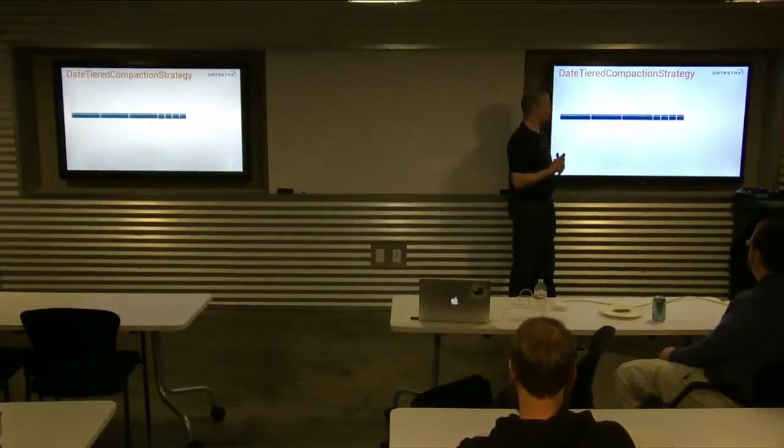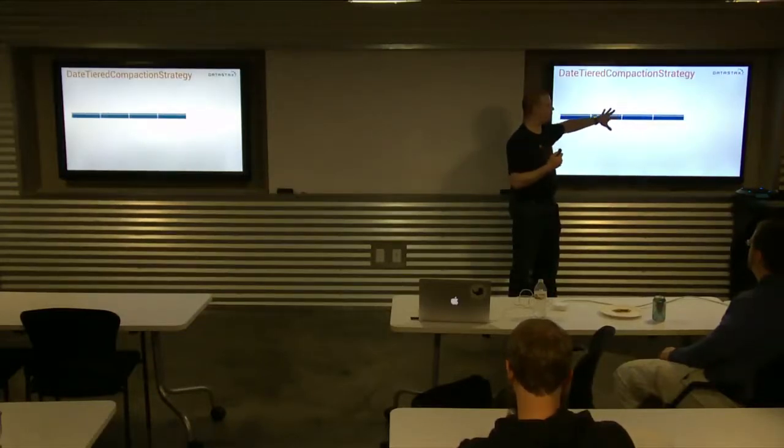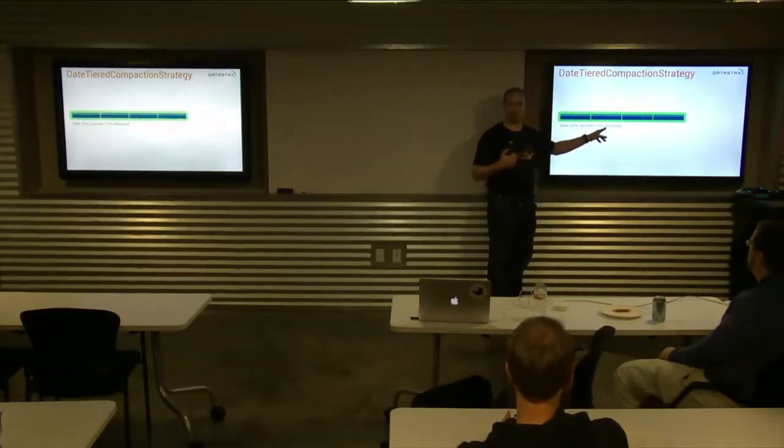And I keep doing that. And then when I get enough SS tables for the next size window, which is defined as my base time times my minimum compaction threshold, my SS table count. So this is the same threshold that you use to tune size tier compaction strategy, right?